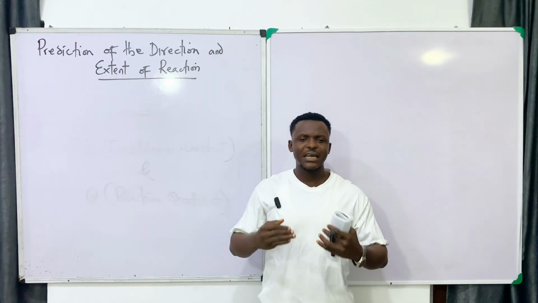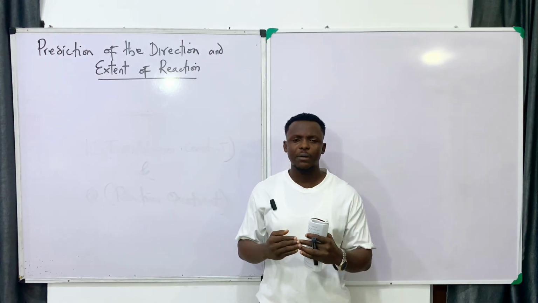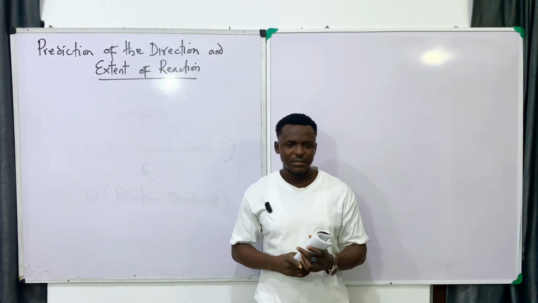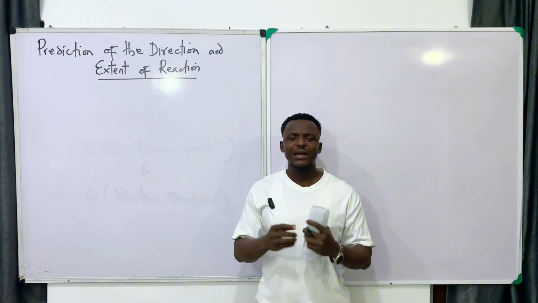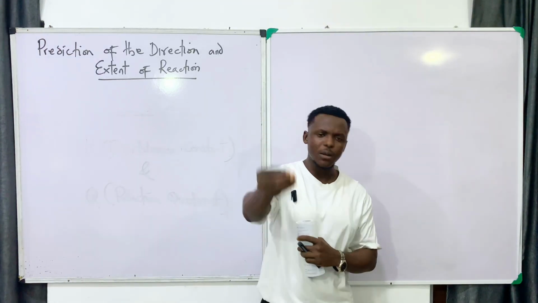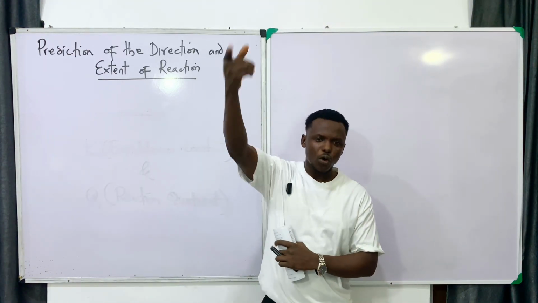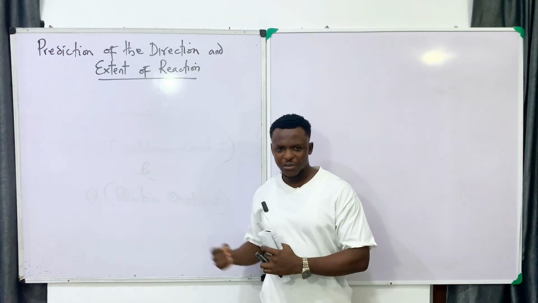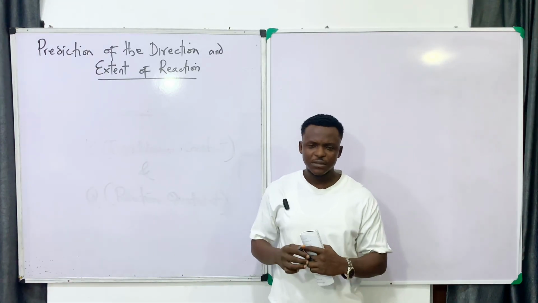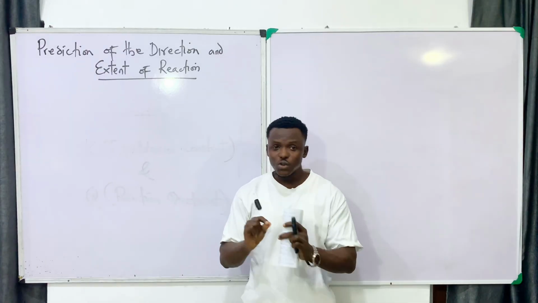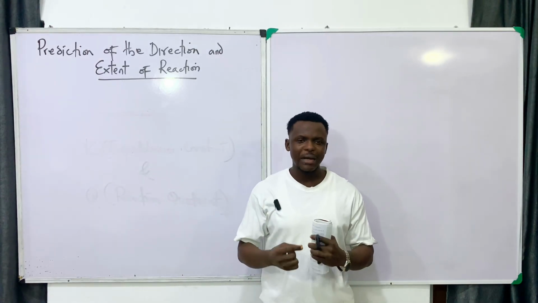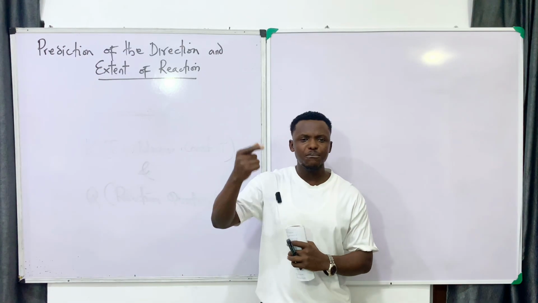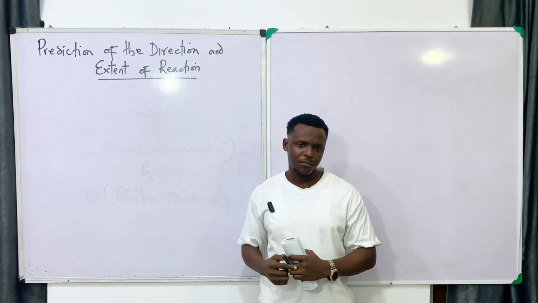If a reversible reaction is not yet at equilibrium or it is beyond equilibrium, we talk about reaction quotient. So in other words, equilibrium constant is used at equilibrium, whereas reaction quotient is used before or after equilibrium.